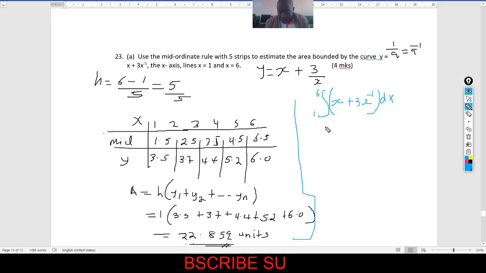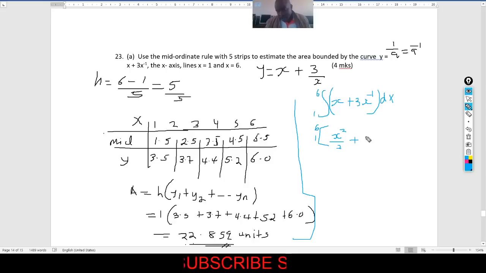So that means between 1 and 6, if you integrate this, it is x squared over 2, because x has power 1, you add 1, it becomes 2, all over 2, the new power. Then plus, this is negative 1 plus 1 is 0, 0 all over 0, it is infinity.